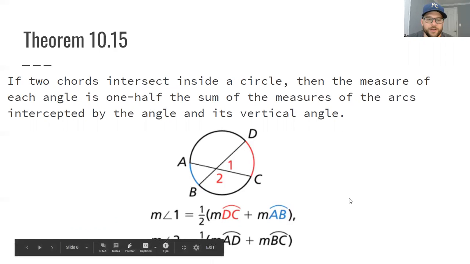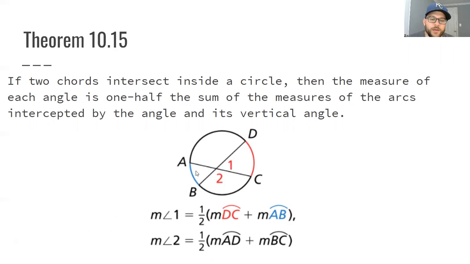So that sounds kind of wordy and it's a lot. Let's look at just angle 1 in this diagram. So angle 1 has a vertical angle, the one that is, remember, across from it. So this red arc and the blue arc, think of those as the corresponding intercepted arcs.